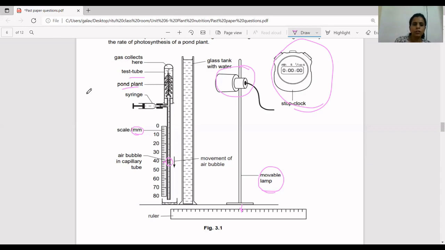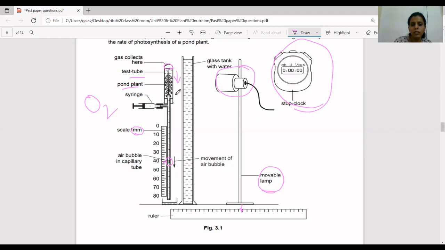Oxygen gas is produced as a byproduct, and this oxygen gas gets collected on the top of the test tube. So here, if the rate of photosynthesis is more, more oxygen gas will be produced, more oxygen gas will get collected on the top, and the water in the test tube will move down.